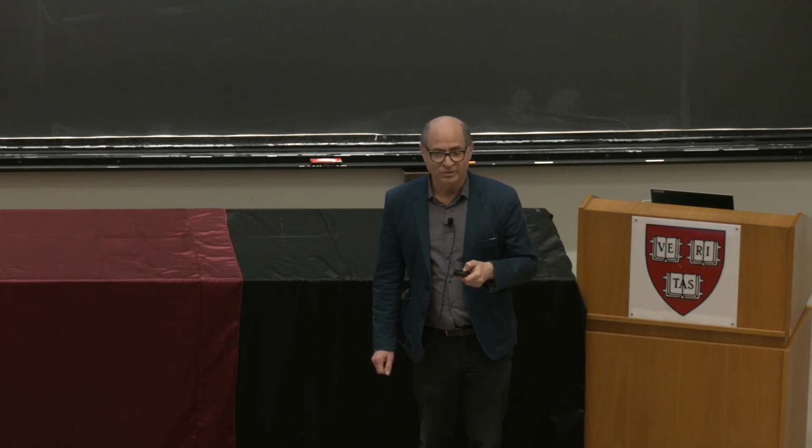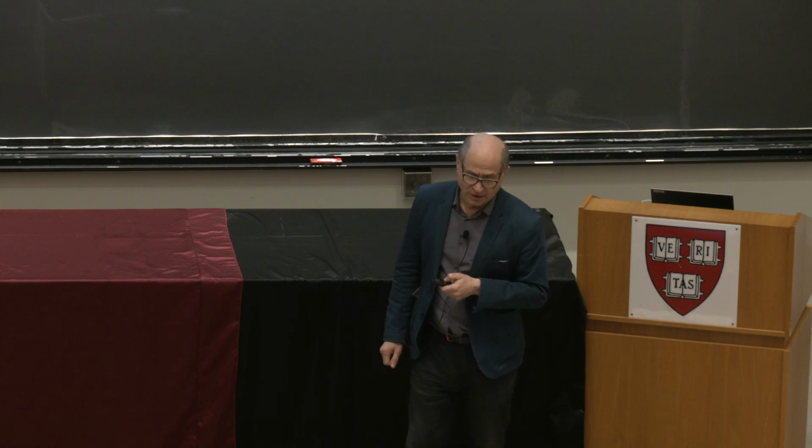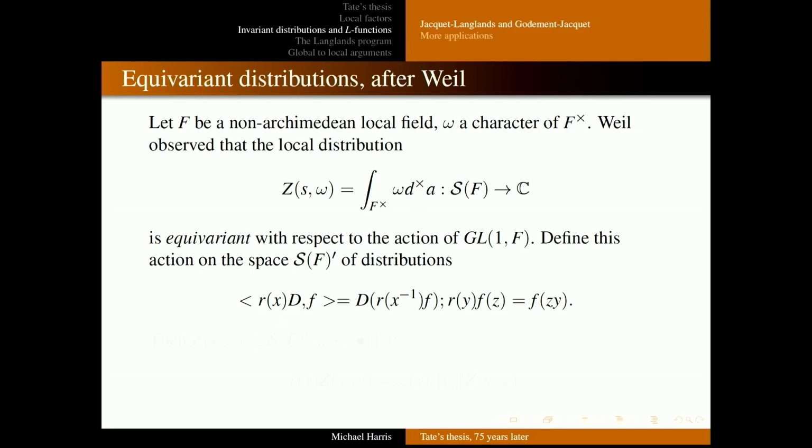dually to the action on functions, as one usually does, then the relation is that this holds. Note y is written on the right because it's going to be written on the right when it's non-abelian as well. And then you see that this notation is probably impossible to read.